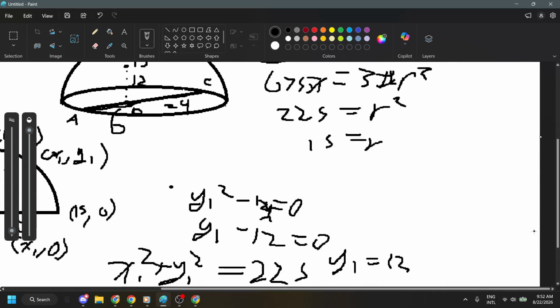So we have one cone that has a base radius of 12 and a height of 24, and one cone that has a base radius of 12 and a height of 6. So remember, the volume of a cone is 1/3 pi r squared h, I believe.